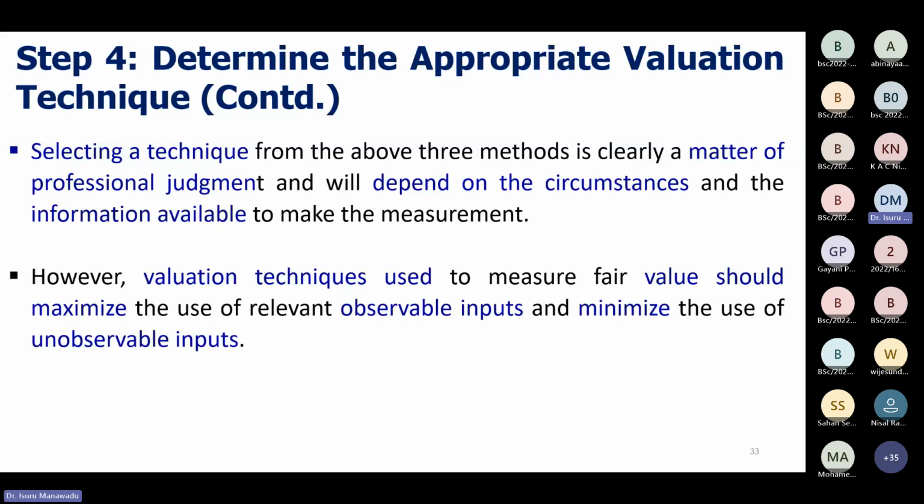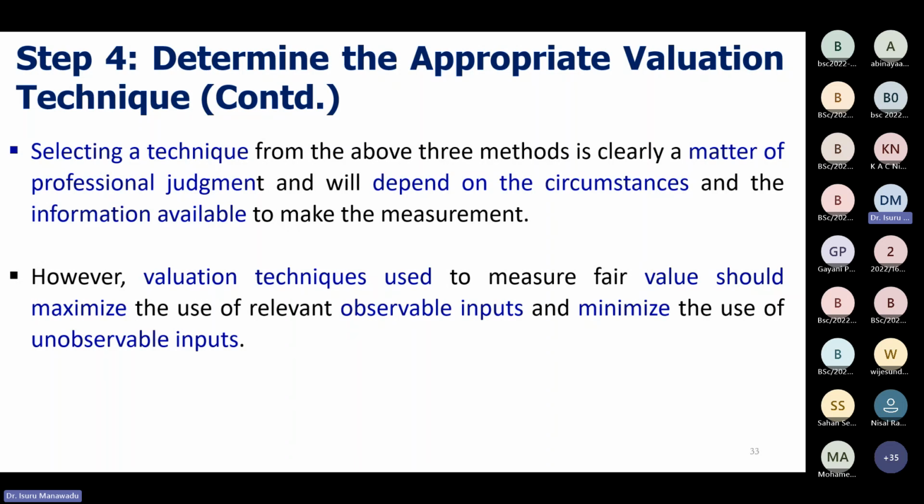As I mentioned earlier, there are levels. Level 1, level 2, level 3. If we have observable input, if we have available data, we can say that is level 1, right? So if we have available data, we should go with the level 1 data set. Accuracy is high. If we don't have observable data, then we need to move to unobservable inputs.